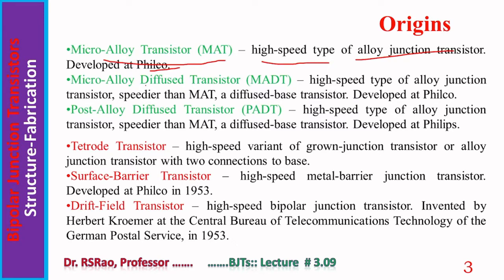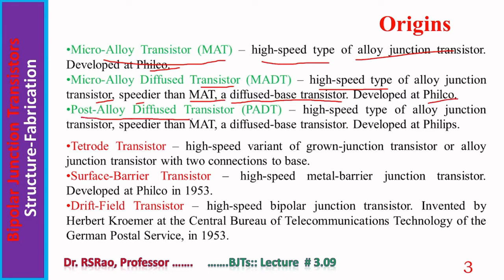Micro alloy diffused transistor. It also belongs to the high speed type of alloy junction transistor, but speedier than MAT, the micro alloy transistor. It is a diffused base transistor. This was also developed at Philco.